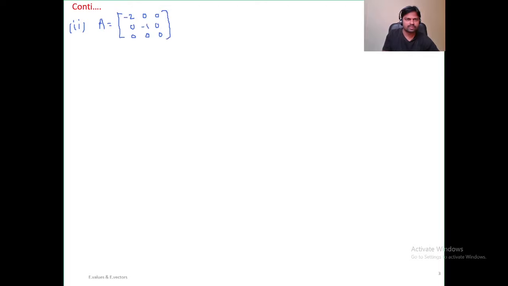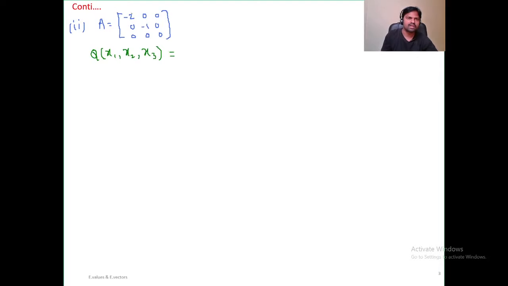For this matrix I am directly writing the quadratic form. Since it is a 3 by 3 matrix, we need to write it as a function of 3 variables, x1, x2, x3 or x, y, z, your wish. The only thing is you have to choose 3 variables.